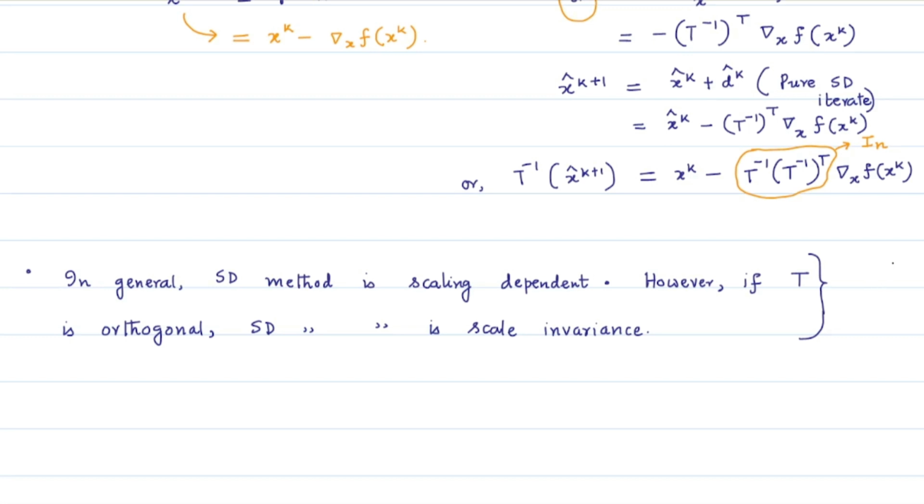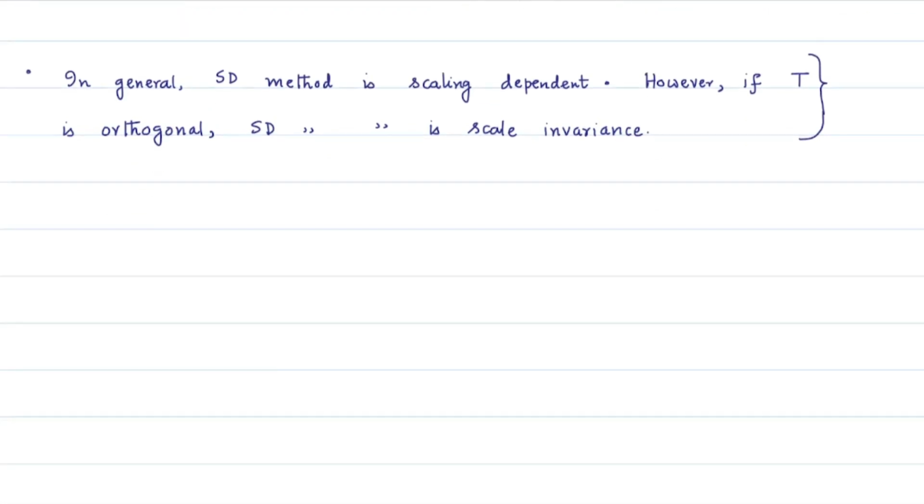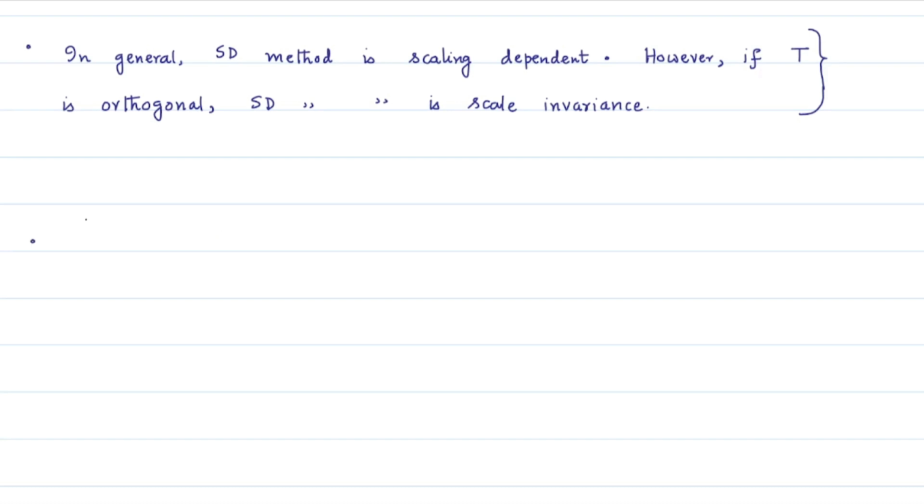Now, if we do a scaling of the dependent variable, that is, let us suppose we are applying a scaling of the function value by a scalar factor, say a constant c times f(x), and let us suppose this function is the function psi(x). After the scaling of the dependent variable z equal to f(x), let us compute the steepest descent direction for this scaled function psi and the original function f.